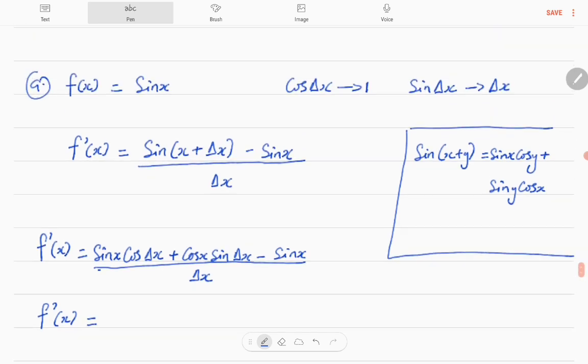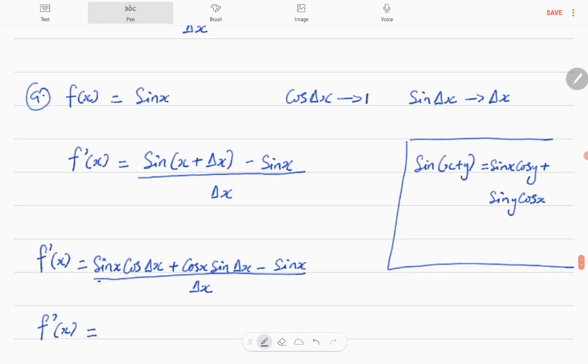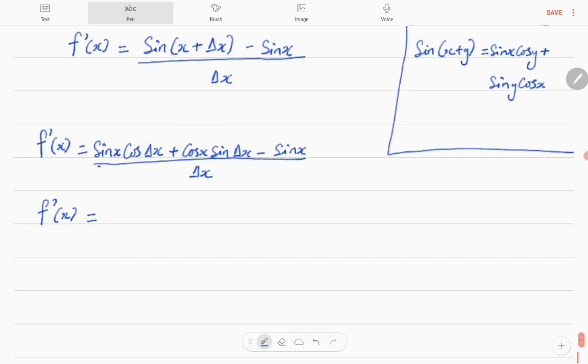Remember we said cos dx tends to 1 and sin dx tends to dx, so we are going to make use of it.